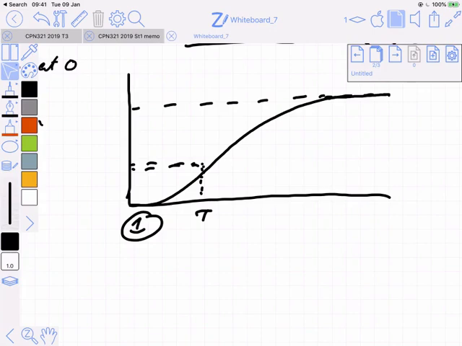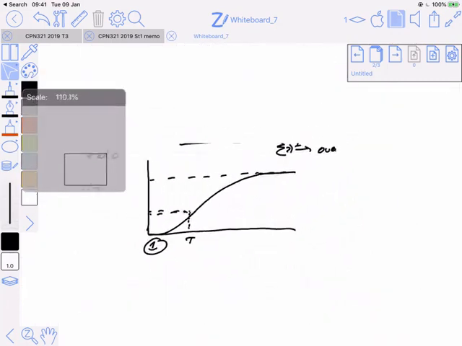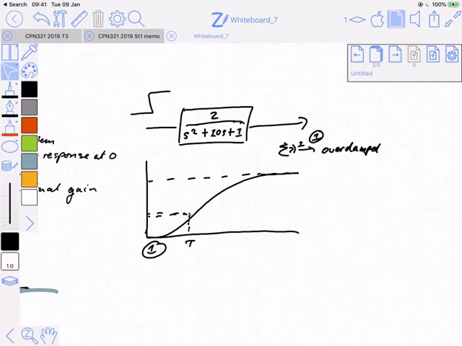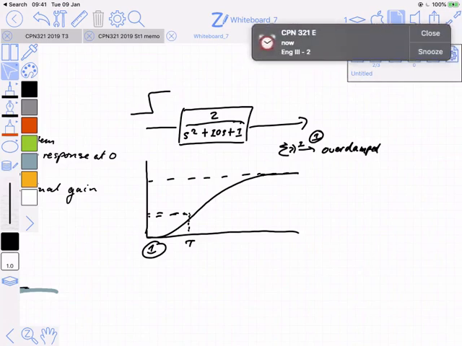So that's the caricature of critically and overdamped systems. What if this constant was much smaller? Now we know for that time constant of 1, how do I know the time constant is 1? Because I've committed to memory the standard form of the second order transfer function.